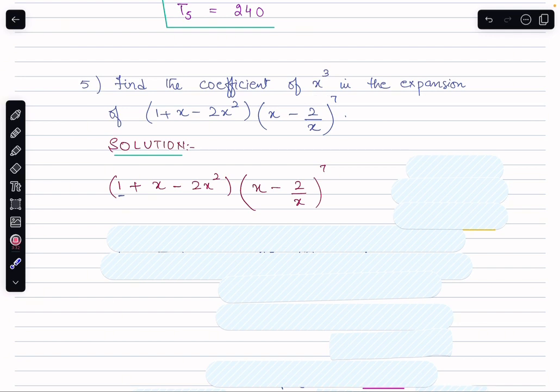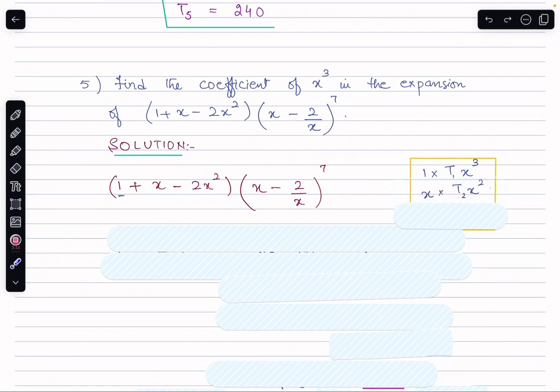So what I can see here is that if this 1 gets multiplied by a term which is having an x cube, only then I should be having a term in x cube with respect to 1 multiplied by a term with x cube in the expansion of x minus 2 by x to the power 7.